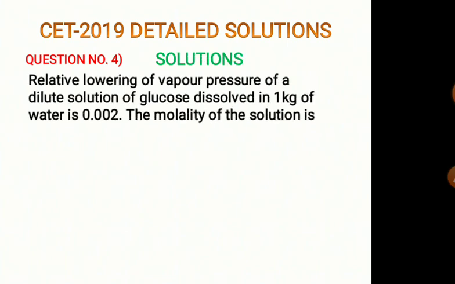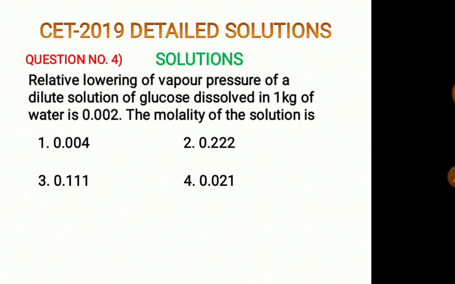Let us move to the next question from solutions. Relative lowering of vapor pressure of a dilute solution of glucose dissolved in 1 kg of water is given. Molality they are asking. So these are the 4 options. How to approach this type of problem?